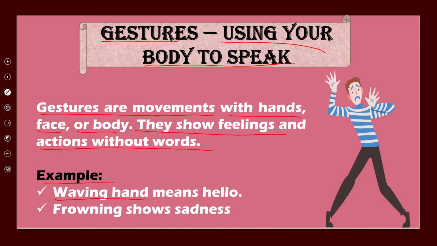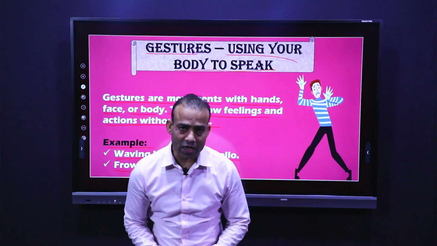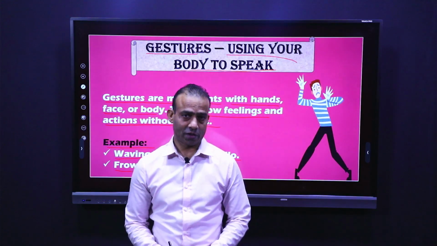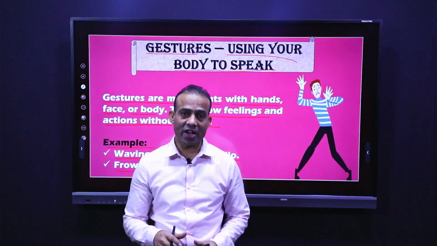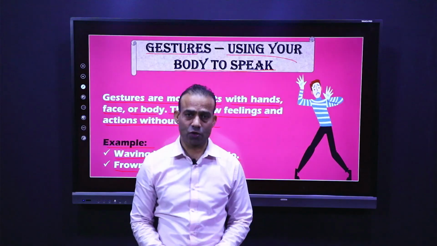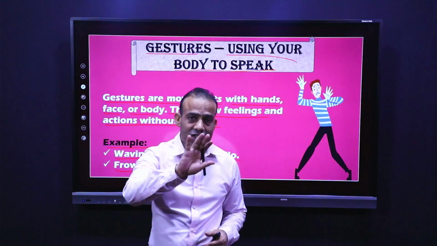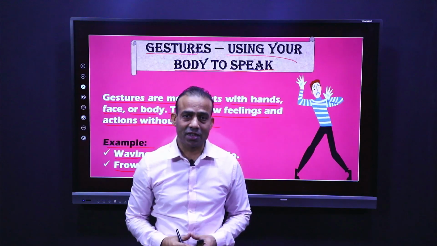Example, waving hand means hello, frowning shows sadness. Dear students, these two examples are showing the following. First one is waving. Wave means when you move your hands to say hello. You don't say any word from your mouth, but your gesture shows you are saying hello.